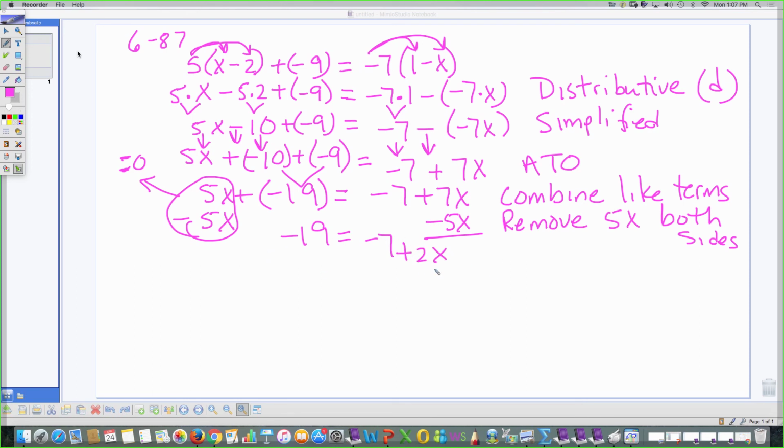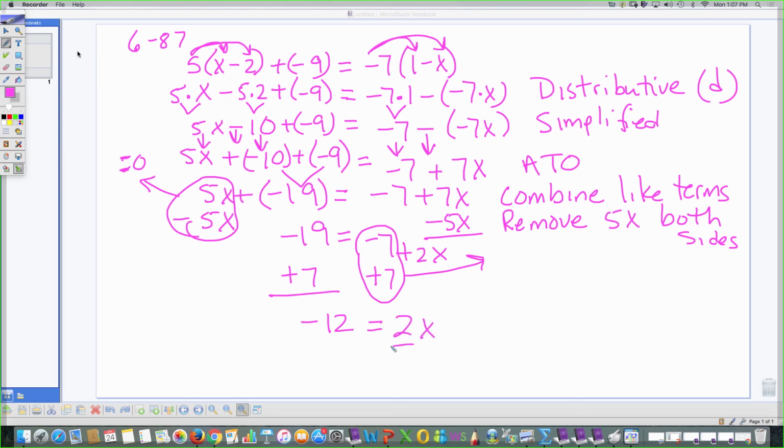Okay, so here's my new equation. And I want to move all the numbers over to one side. So I could add matching +7 tiles to both sides, because then this is going to be 0. And -19 plus 7 is -12, equals 2x.